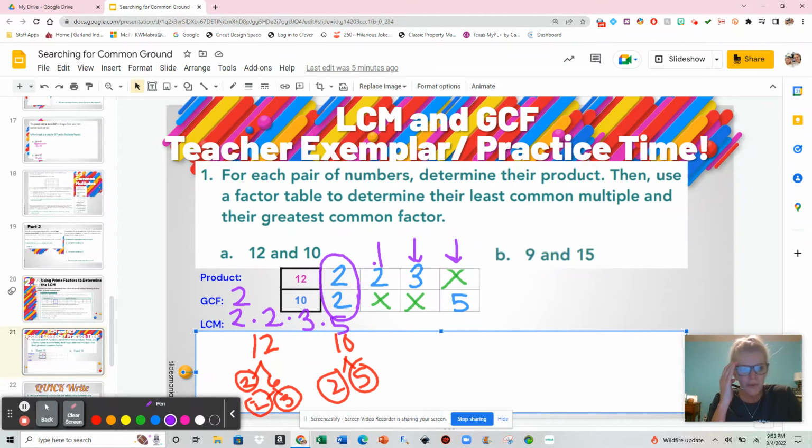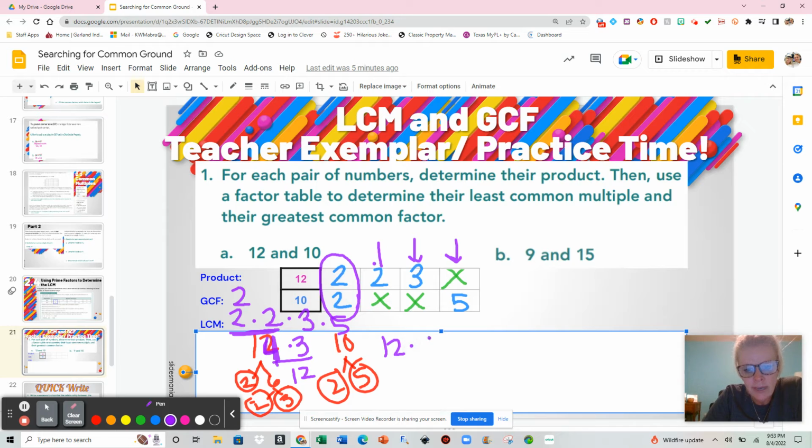Okay. So when I multiply that together, let's see if I can clear that little spot right there. Okay. 2 times 2 is 4. Okay. 4 times 3 is 12. Sorry, it's so kind of junky.